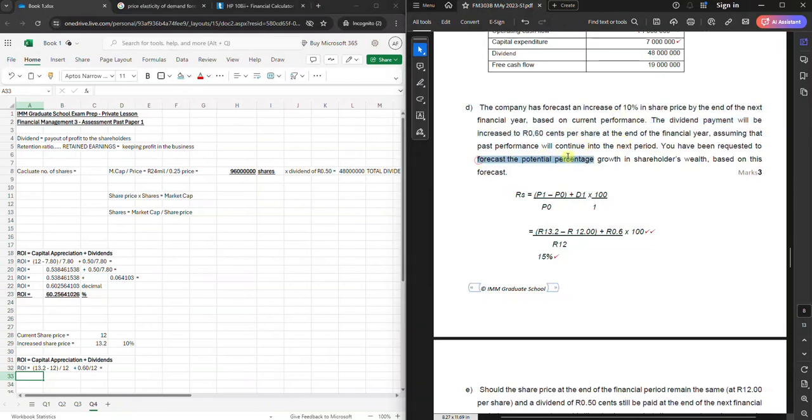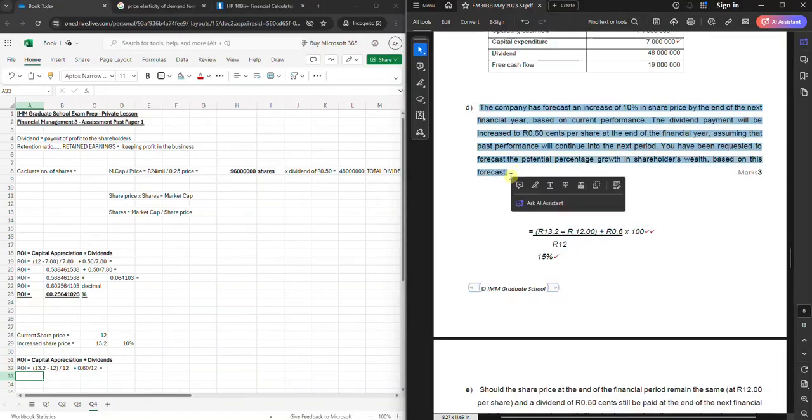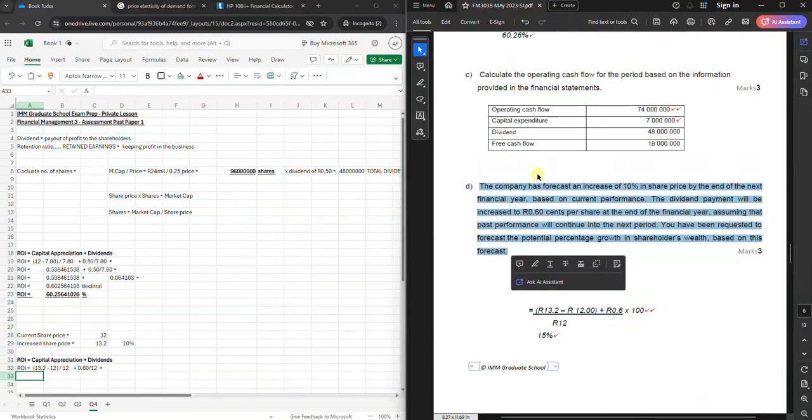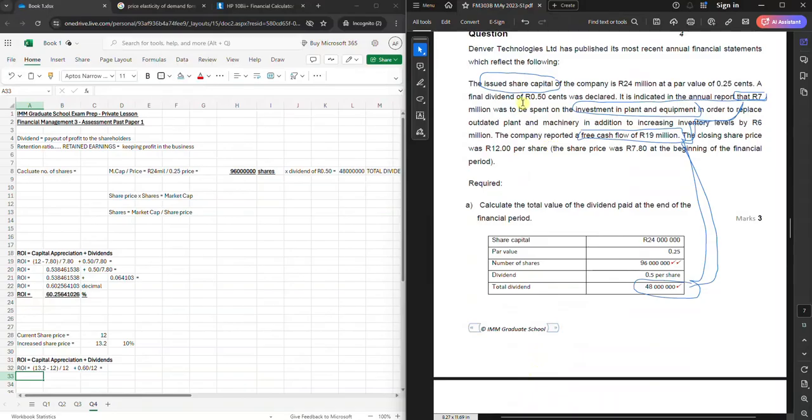they want you to forecast the percentage increase in wealth. So it's where we are currently, which hasn't happened yet, minus the previous year. Do you agree? This hasn't happened yet. This has happened. Agreed. So if we're looking at a timeline, at time 0, when you started, this was 7 Rand 80.